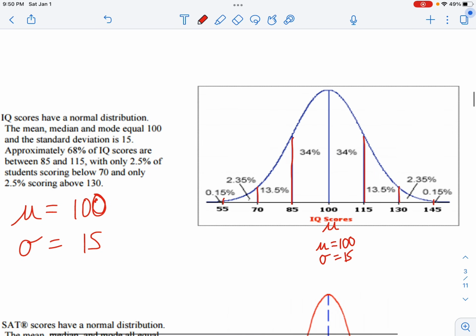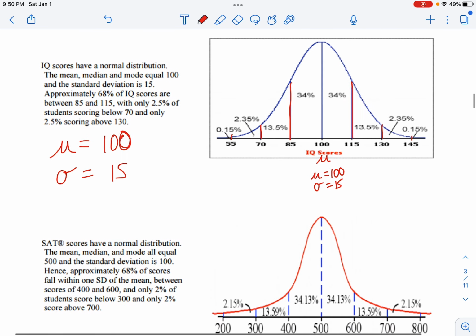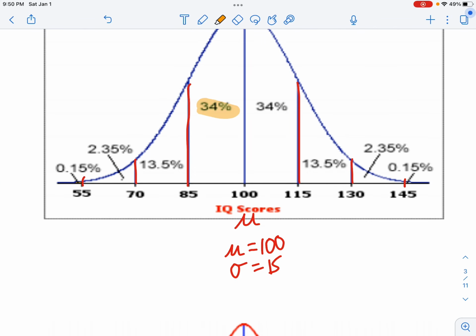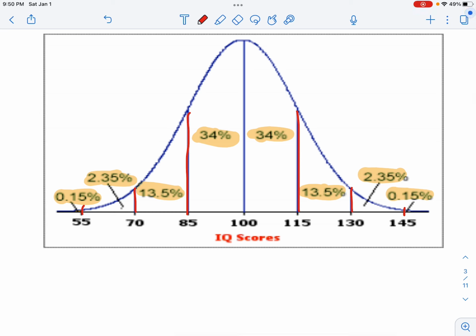So there is a law in statistics. And you'll notice all these percentages in here, right? It's called the empirical rule or empirical law. Basically, this rule governs what percentage of the population is contained at all these benchmarks.